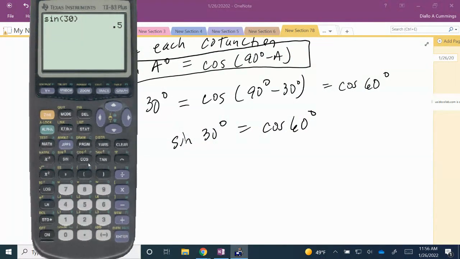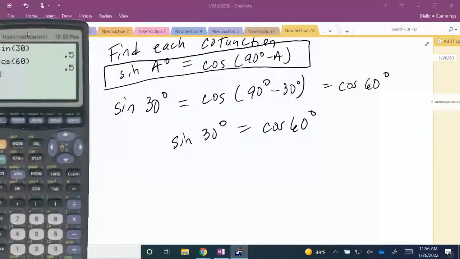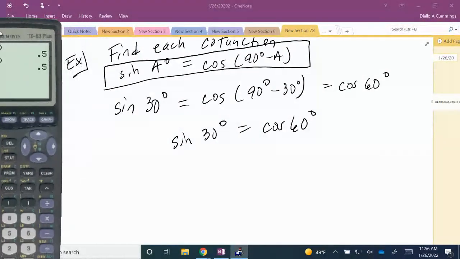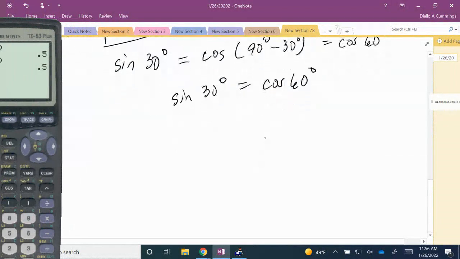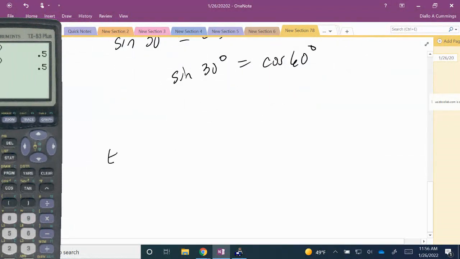I can also put in the cosine of 60 degrees, and I get the same value, 0.5. So the sine of 30 and the cosine of 60 degrees are cofunctions. All right, so let's look at another example.